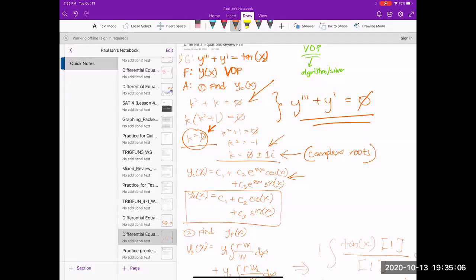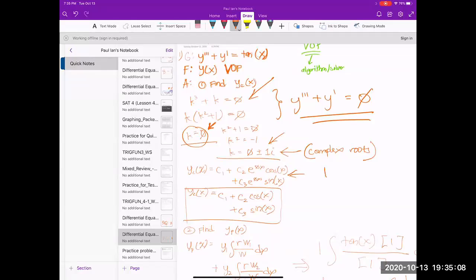You have 3 things happening, and you have to account for them. So you have k1 equals 0, k2, and k3. The other one is 0 plus or minus 1i, right? You had 3 roots, right?